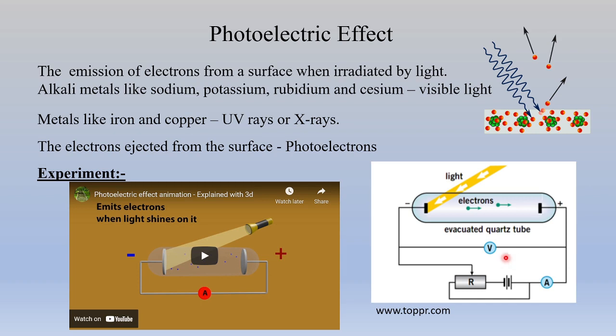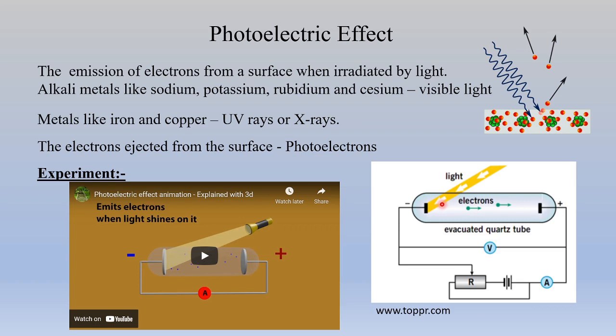That means there is no deflection in the galvanometer. As we increase the frequency of the incident light, at a particular frequency onwards the photoelectrons are emitted and can be detected in the galvanometer. That means there is a particular frequency below which there is no photoelectric effect.